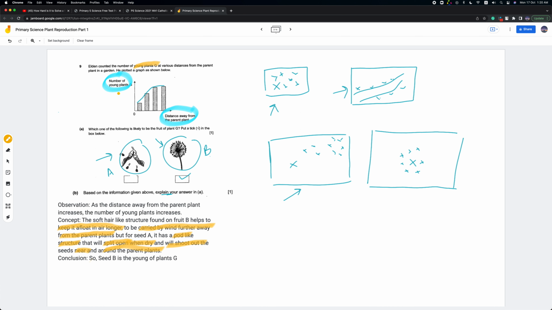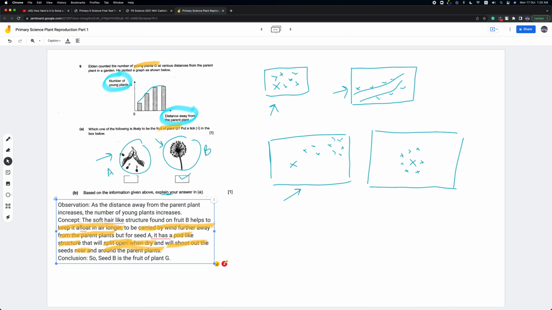Okay, sorry, it's the fruit of plant G. Okay, so again, always check what you have written. Alright, so it's not the young of plant G, sorry. Seed B is the fruit of plant G. There you go.